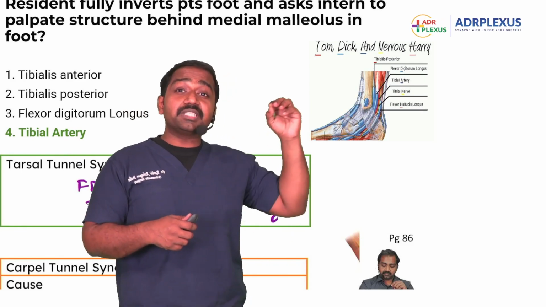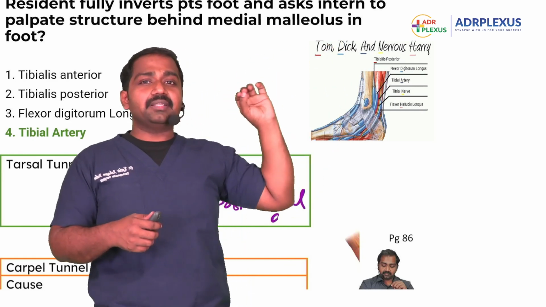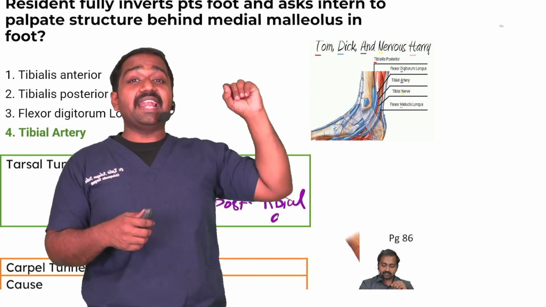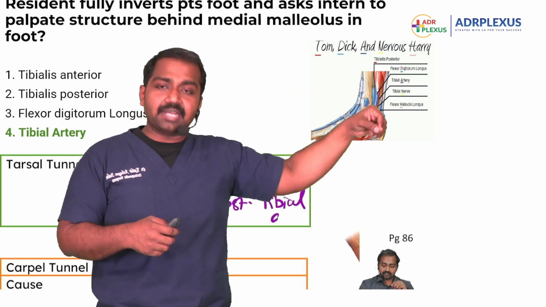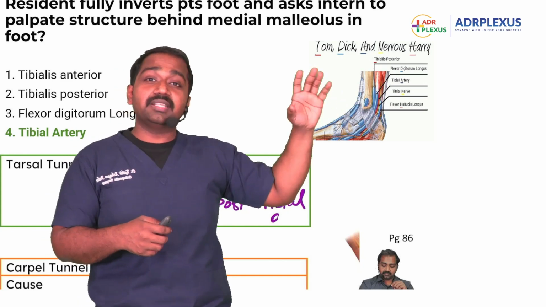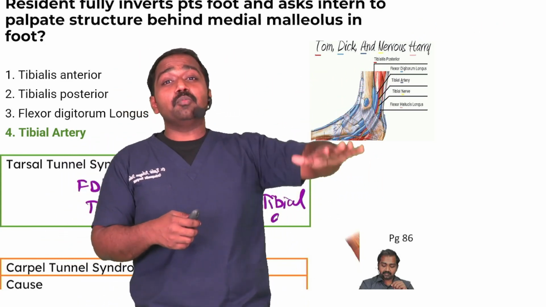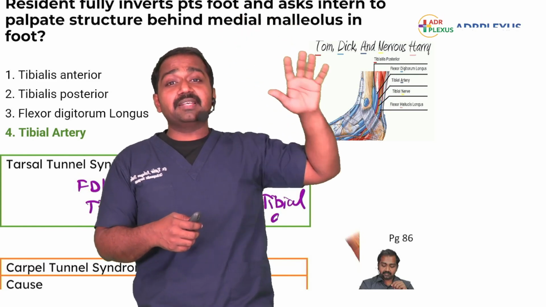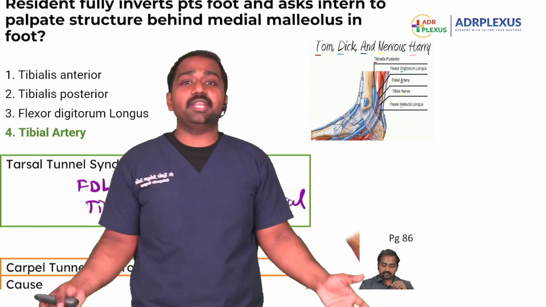Or if the question itself is not medial malleolus, sir, it is lateral malleolus, then if there is the word anterior talofibular, not tibiofibular, talofibular, anterior talofibular, then that would be the answer, because you know lateral ligament injury is the most common injury or sprain in the whole body.